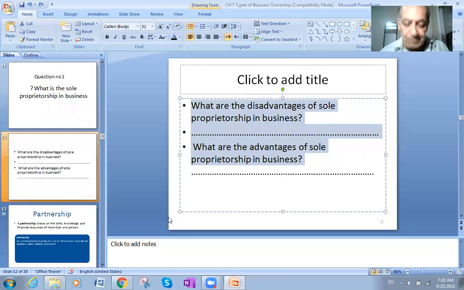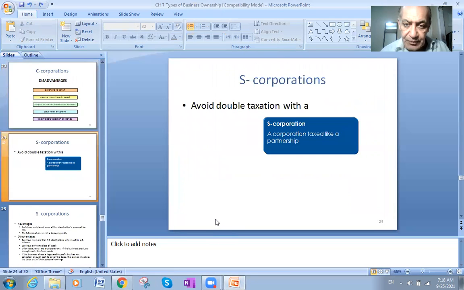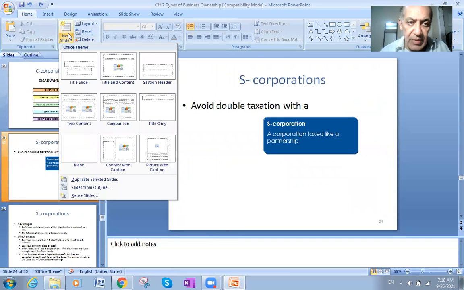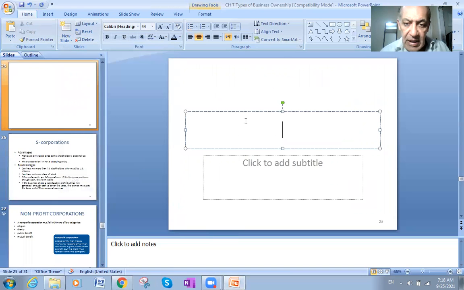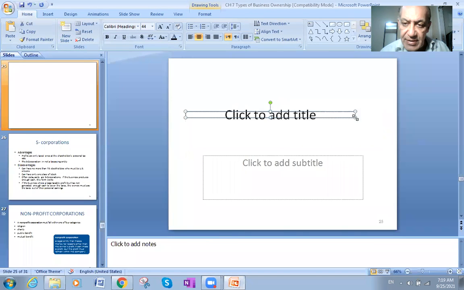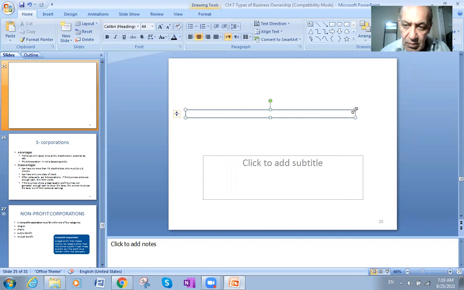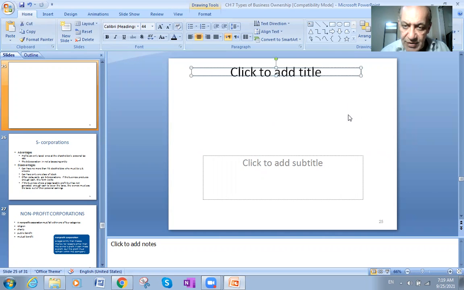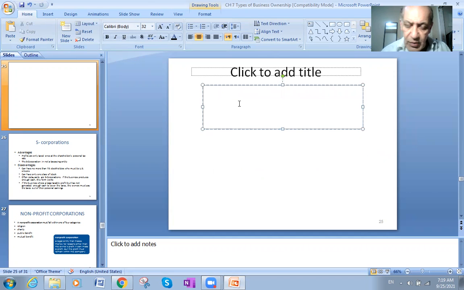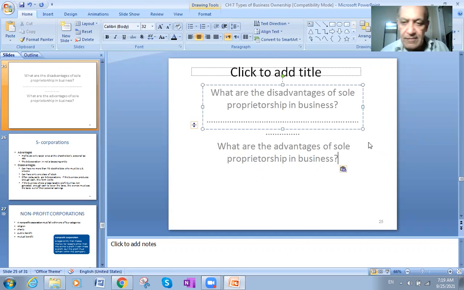Control and C. And we go to our last page here, and here we'll put new slides. We'll move this up, and we'll put our questions.